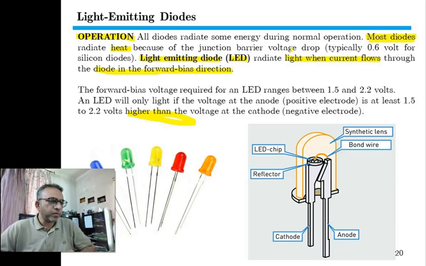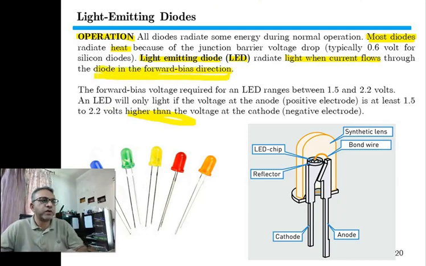LEDs are made for this purpose, to emit light. The purpose of using LEDs is to obtain light, and this light will be obtained once the diode is in forward bias condition.